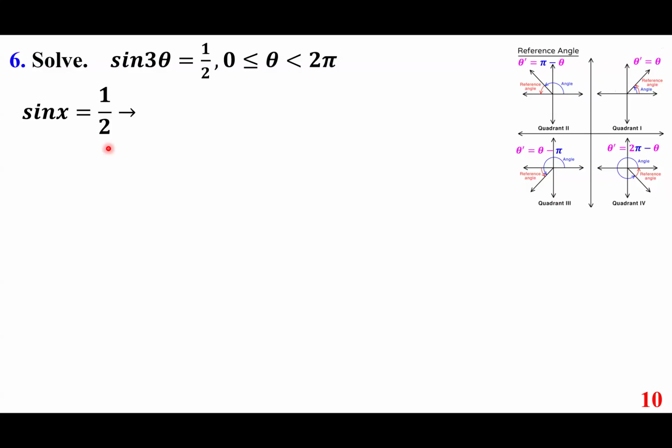And it's the second quadrant. Pi over 6 is the reference arc. So first quadrant, the reference arc and the angle are the same. In the second one, the reference arc is pi minus theta.